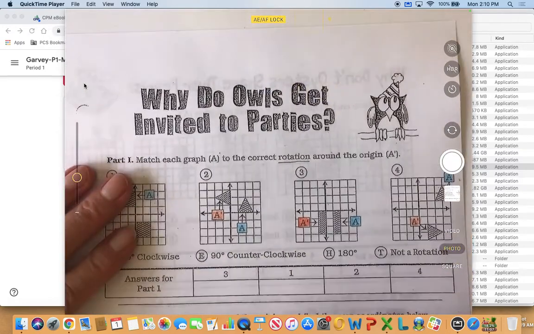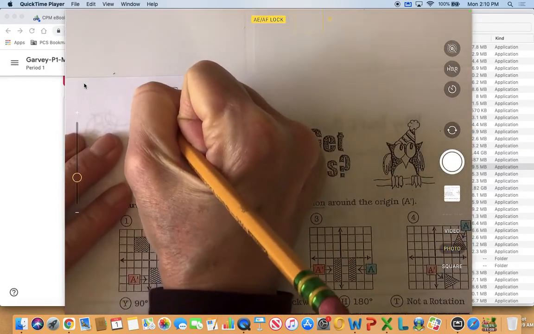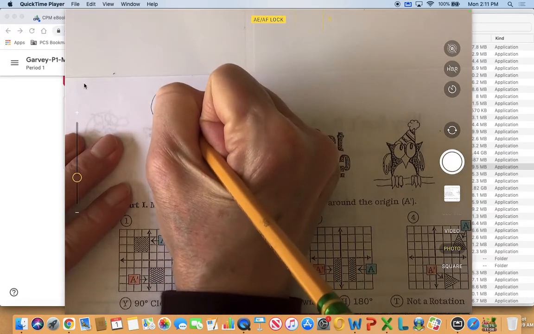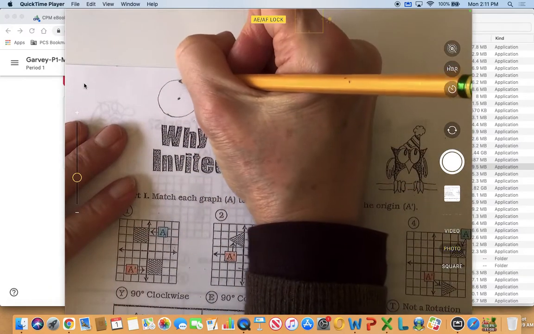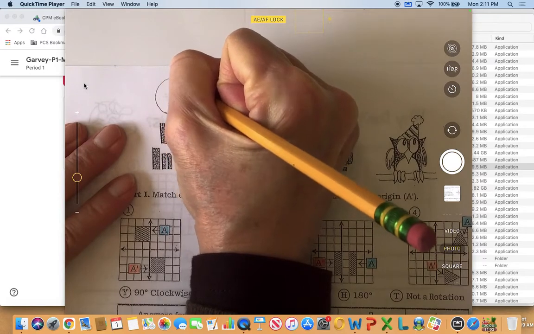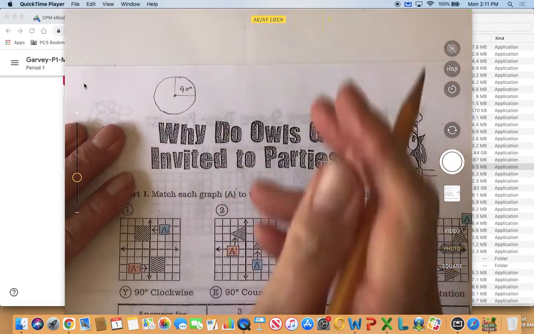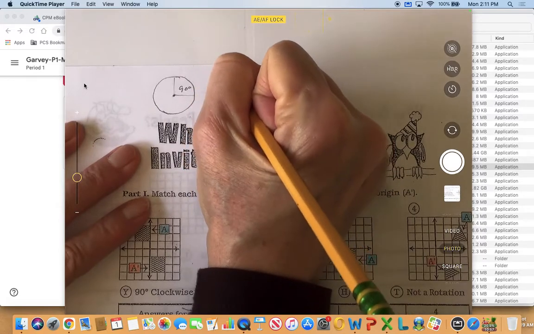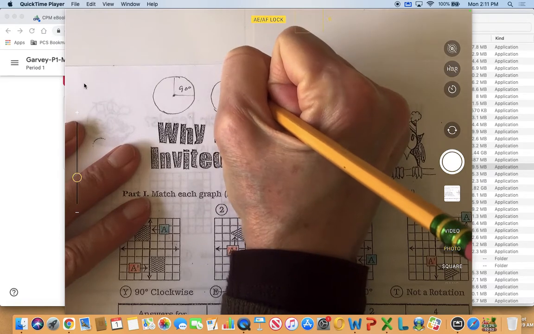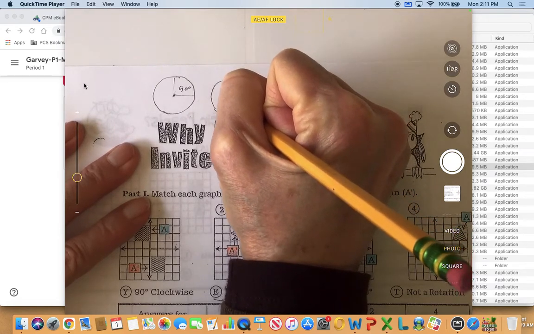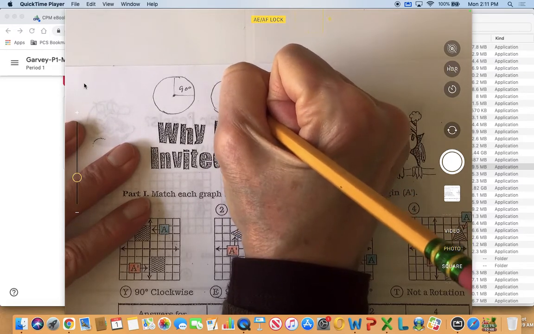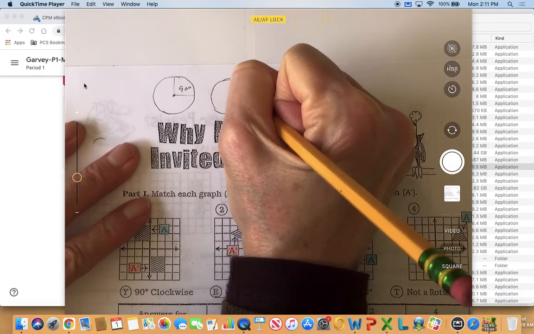Okay, so just a quick review. The way that we measure rotation is by using the degrees in a circle. So if we go only a quarter, that is 90 degrees. But if we go all the way around the circle, so if we start out here and go all the way around to the other side, that is 180 degrees.